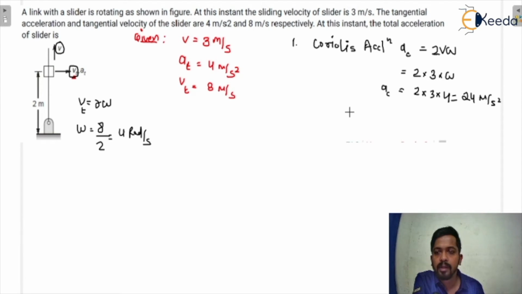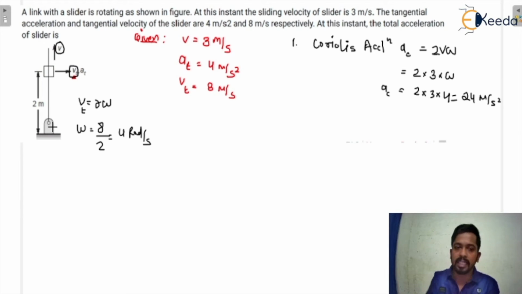Now we have to determine the direction of the Coriolis acceleration. So how can we determine the direction of the Coriolis acceleration? There are two procedures. First we have to tap the sense of omega. What is the sense of omega here? Since the tangential velocity is in that direction, the omega will be in that direction.